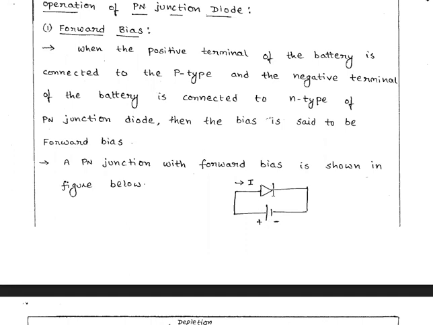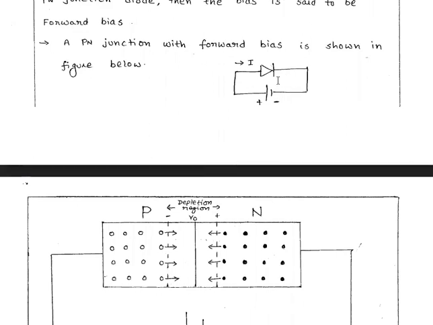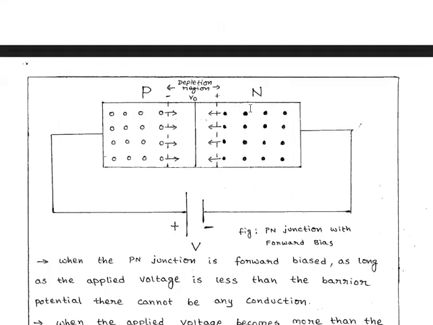This is a battery and this is a diode. A PN junction is formed as in the following figure. You can observe this figure. When the PN junction is in forward bias, as long as the applied voltage is less than the potential barrier voltage, this is the depletion layer or potential barrier, which has a voltage V0.